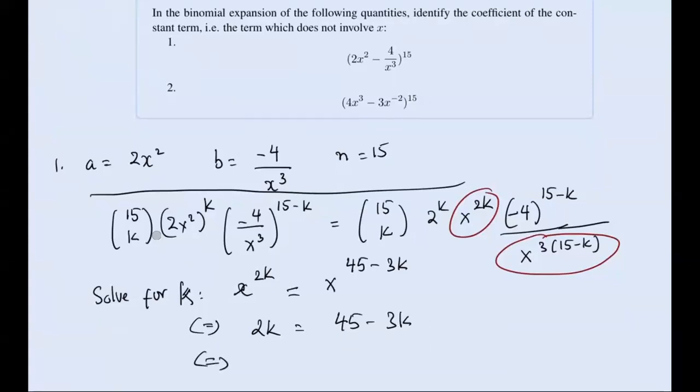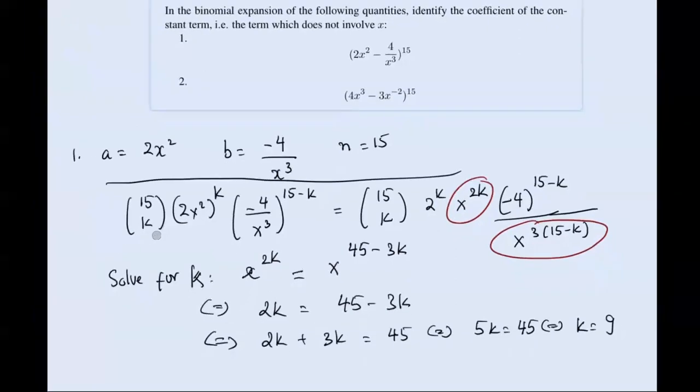And now I will bring minus 3k to the left-hand side, and you will have 5k equal to 45, which means k is equal to 9.